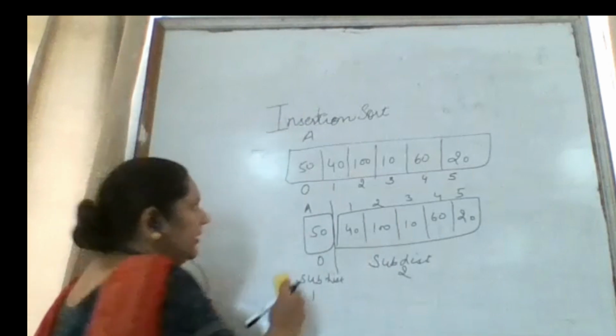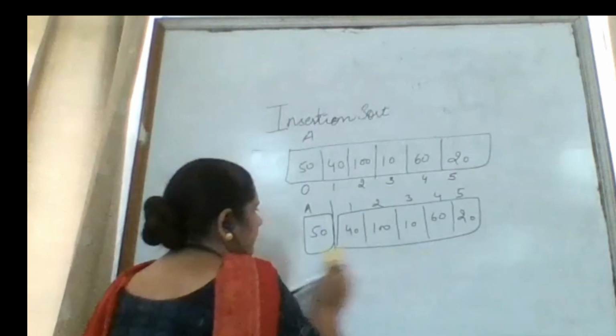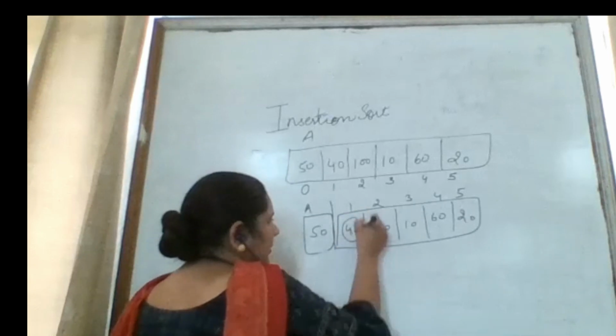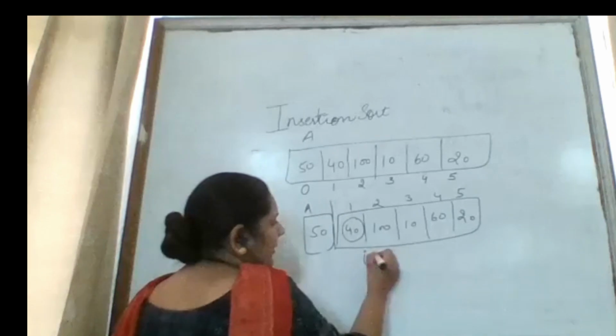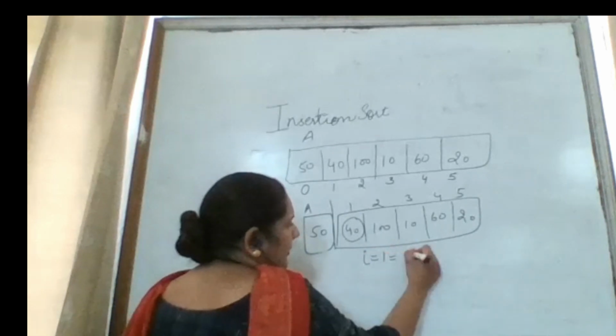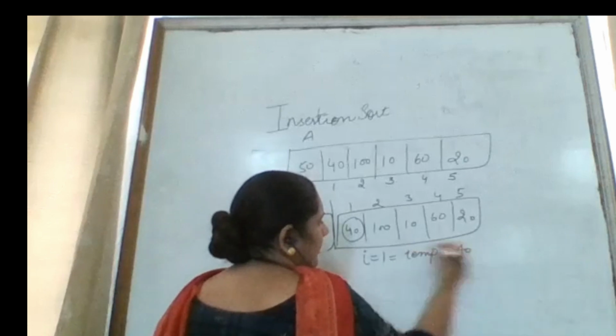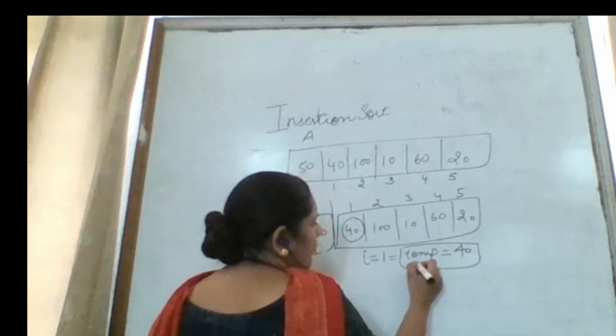Now how to sort it? You take the first element, position number 1, so i is equal to 1, and temp is equal to that element. So temp will contain the element 40. Temp or key, you may say whatever you want.